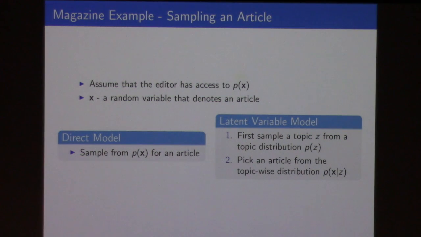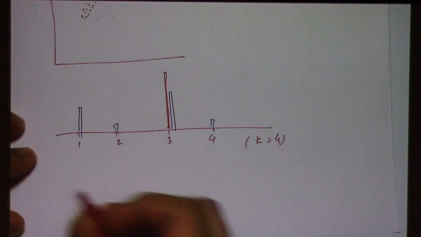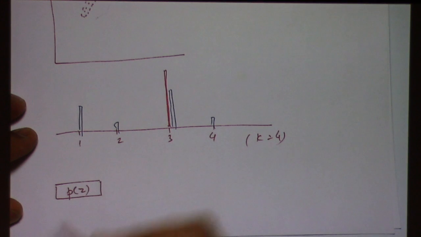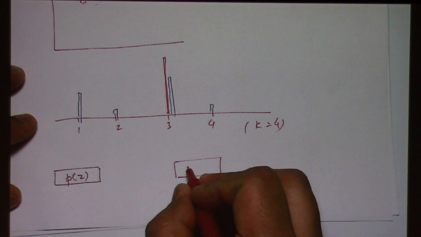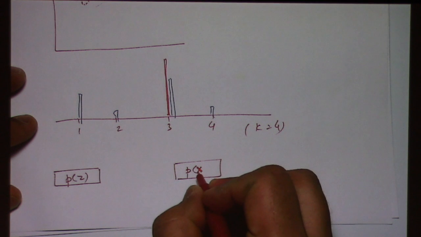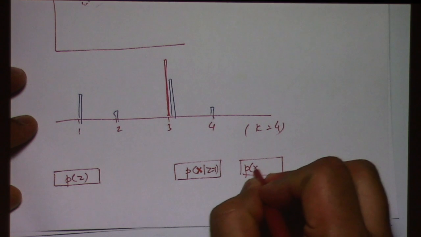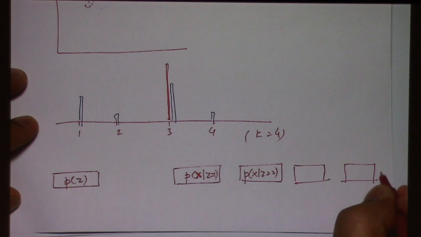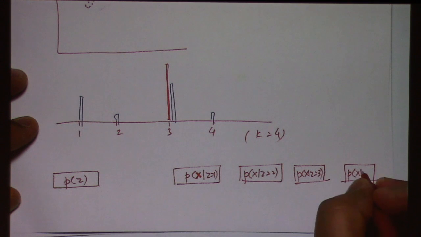Just to make it a little clearer, she has a probability distribution for z. And then here she has 4 distributions: the probability distribution to give you x, which is your article, given z is 1, and so on, up to the probability to get x given z is 4.